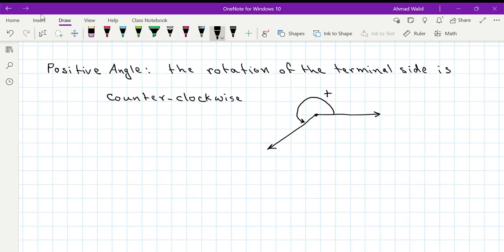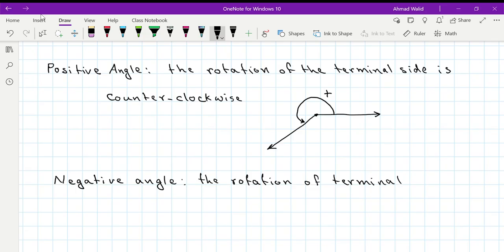Next one is the negative angle. Of course, based on the first definition, the rotation of the terminal side is clockwise.